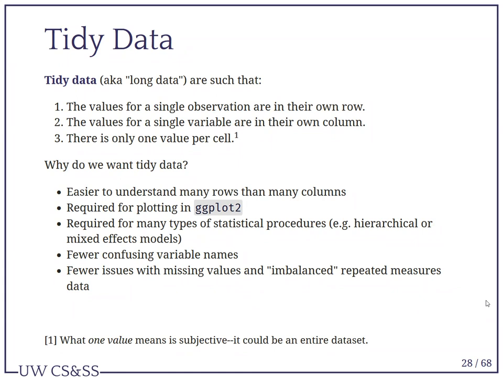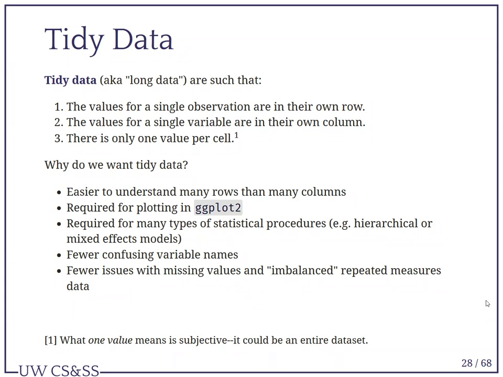Long data is actually required for plotting in ggplot2. It might not seem like it, but if you were going to put wide data into ggplot2, using mapping would be very difficult. It's required for many types of statistical procedures, like HLMs, mixed effects models, that kind of thing. It also means there are fewer confusing variable names.